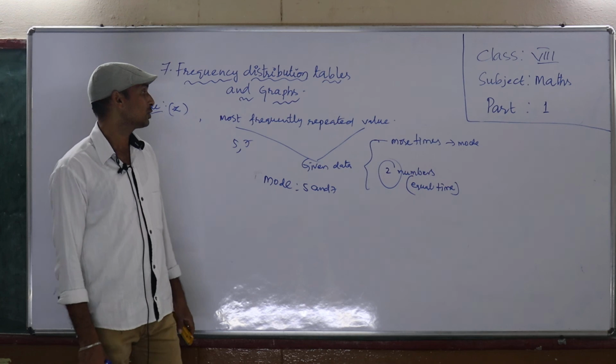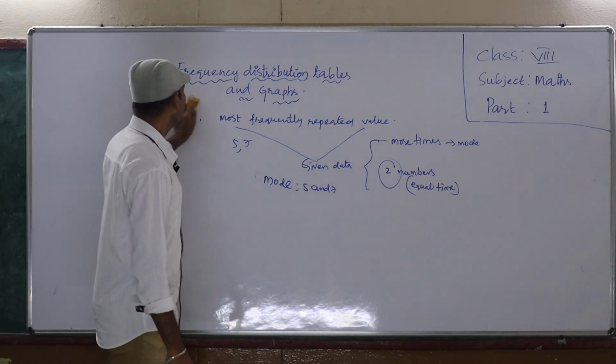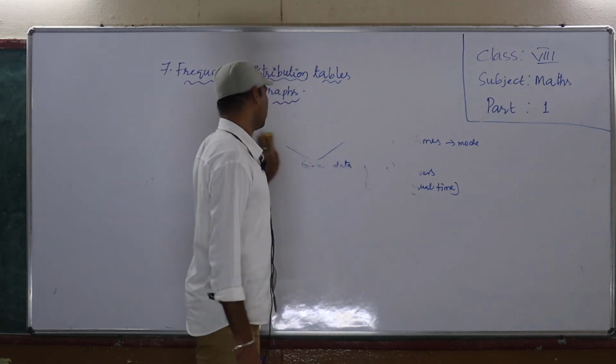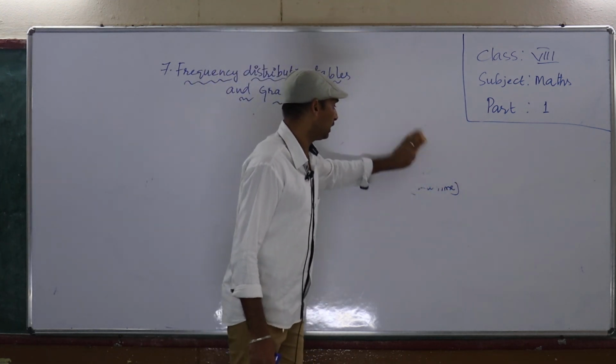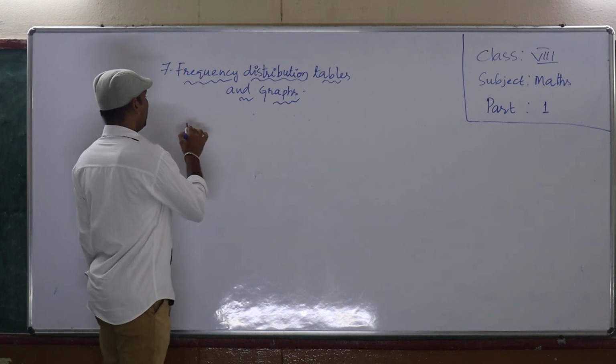In this frequency distribution chapter, we are going to discuss these three central tendencies and problems, and next the deviation method.